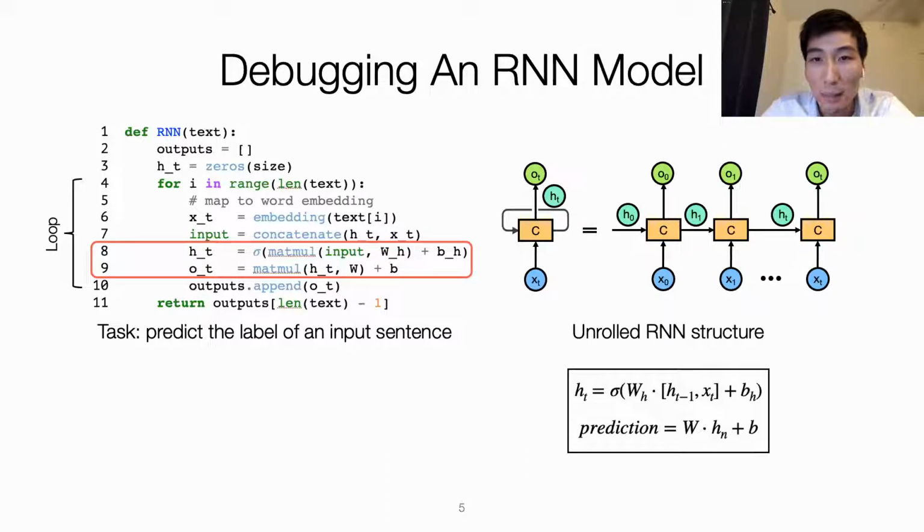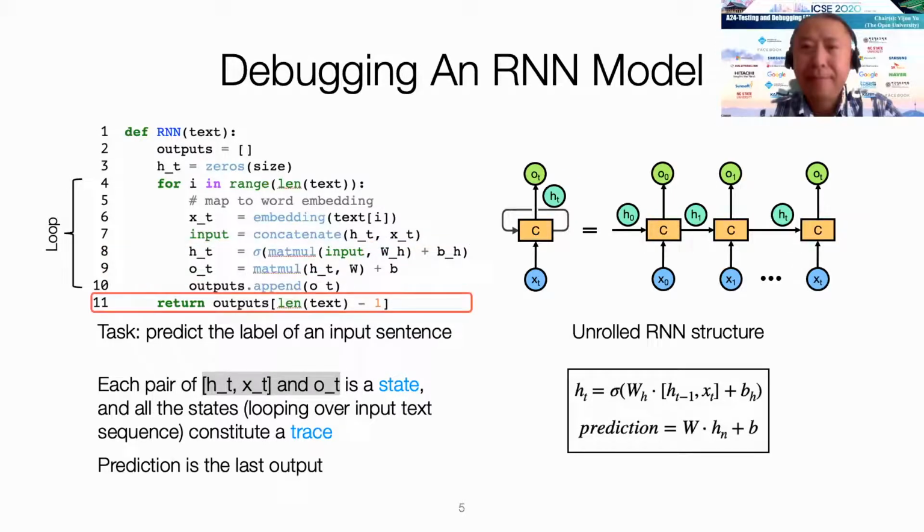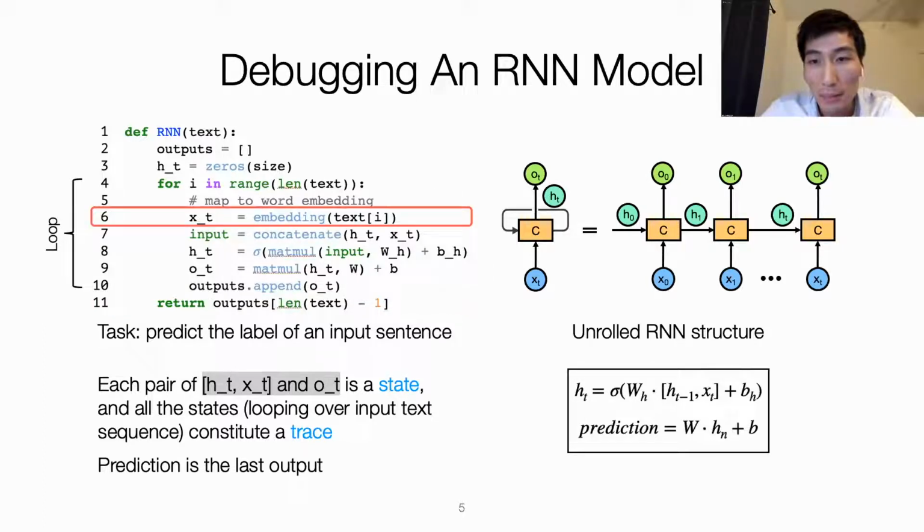X_t is a word embedding, h_t is a history vector, and o_t is an output at each step. We say each pair of input, including internal and output, is a state, and all those states constitute a trace. The last output is the final prediction. Line 6 maps individual words to their corresponding embeddings.